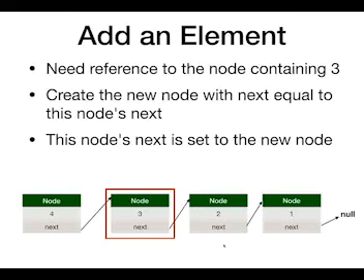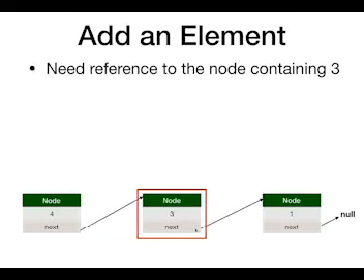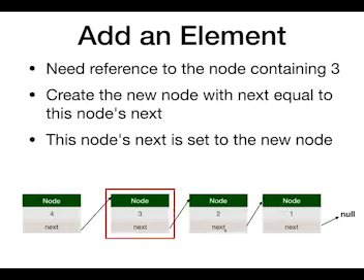So whatever this value was pointing to, this node here, our new node has to point to that old reference, and then our node that we added to is going to point to the new node that we created. So we're manipulating a few pointers to be able to add an element, but we need a reference to that first node before we can add it.